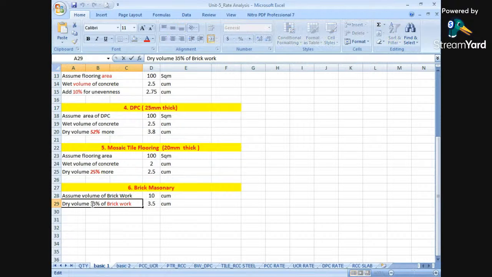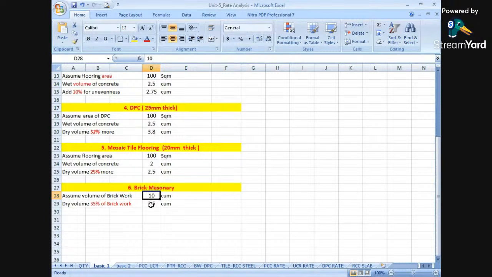What does this 35% of brickwork state? It means near about 65% of the space will be taken by bricks and 35% of the total space will be taken by the mortar. In other words, out of these 10 cubic meters, 35% is 3.5.